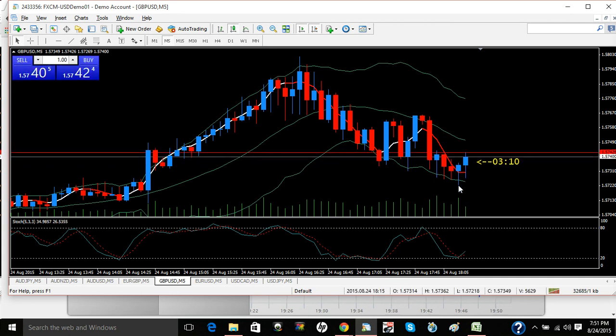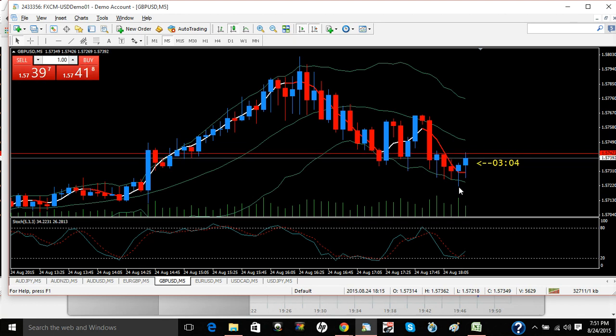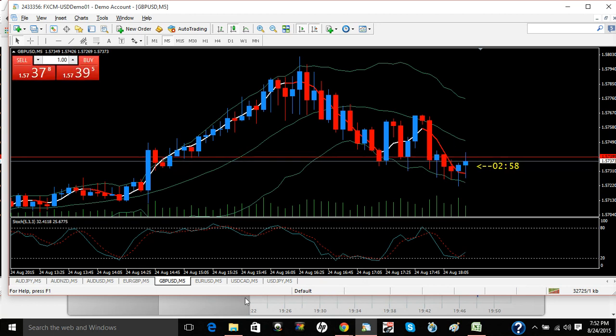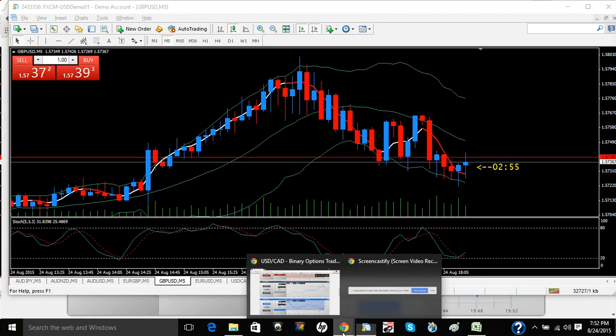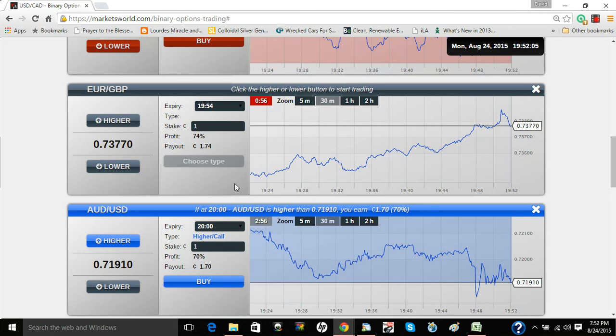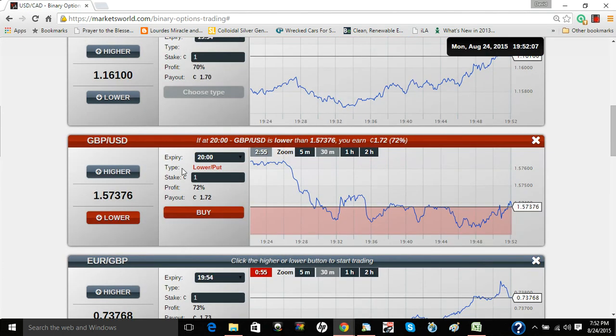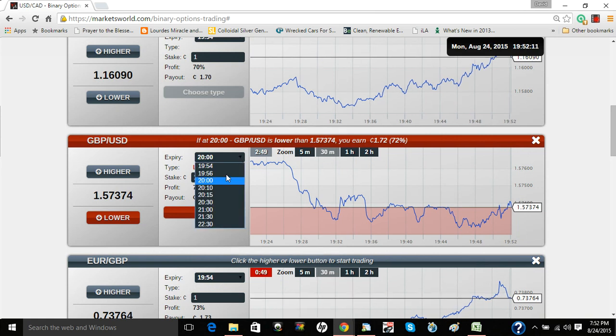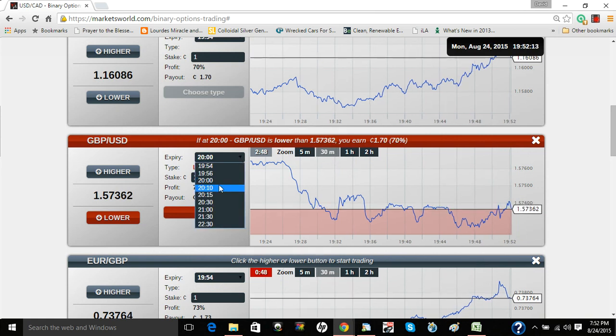place a trade. Like I see this pound USD, you know what I'm thinking, right? Place a trade in the upwards direction, and it's starting to shoot back up. So pound USD. Right now it is 10 till 8. So I'm going to do 2010.